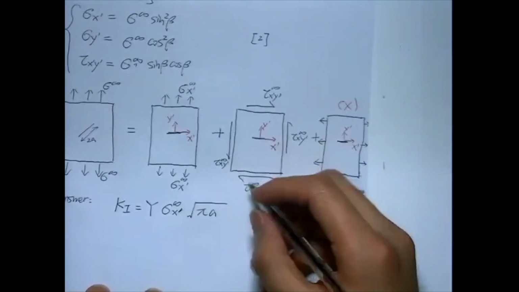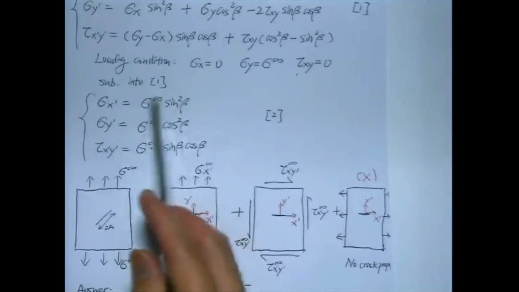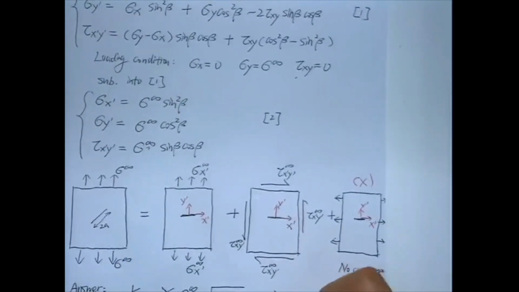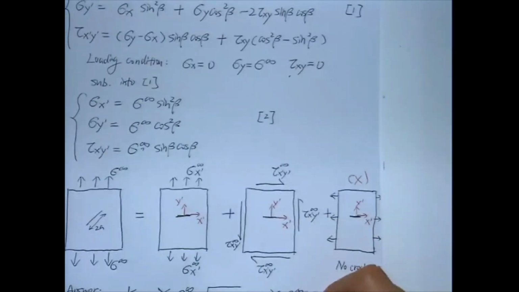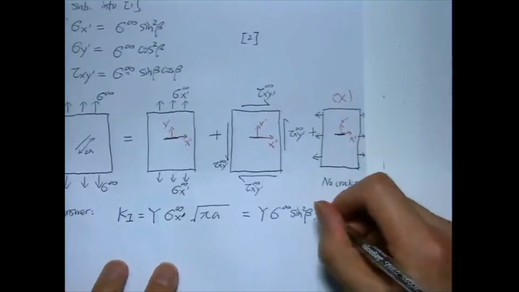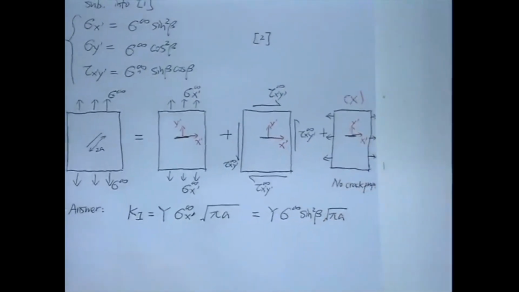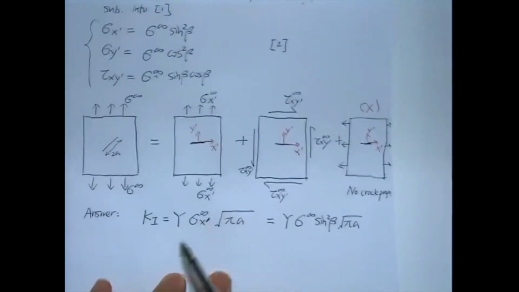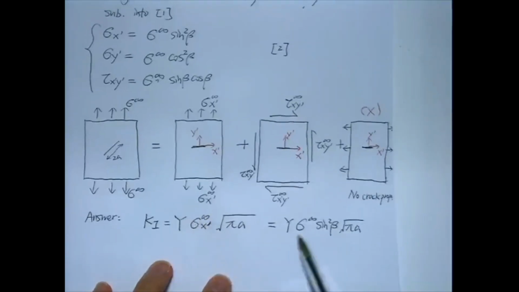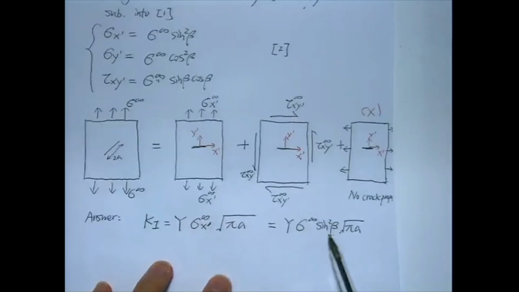Now what you need to do is just substitute your original stress into this equation. So that gives you sigma remote sine beta squared root pi a. Understand? The key here is to work out the transformed stress, and then you put that result into the equation. You get K1.